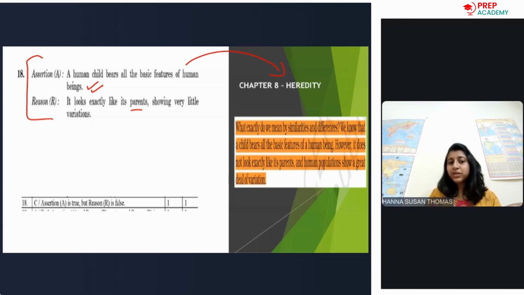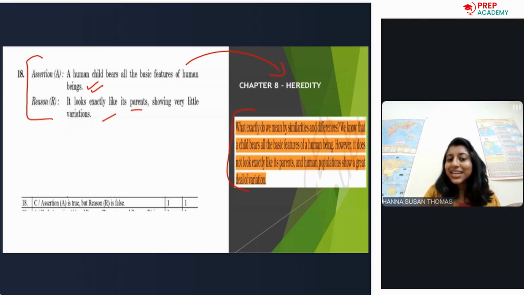If this reason were correct, then everyone would look 99 percent alike to our father or mother, like you can see in Bollywood or other films, right? The son coming for revenge looks exactly like his father, the same pattern. If this reason were correct, that would be the case, but that's not the case actually, right?